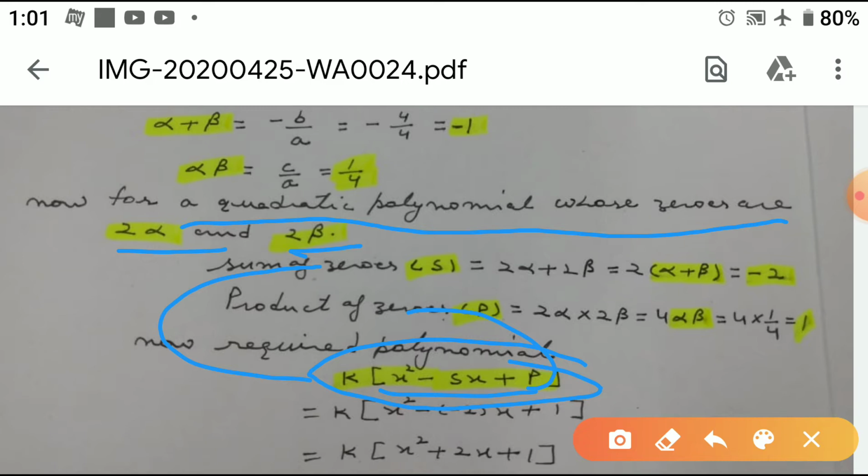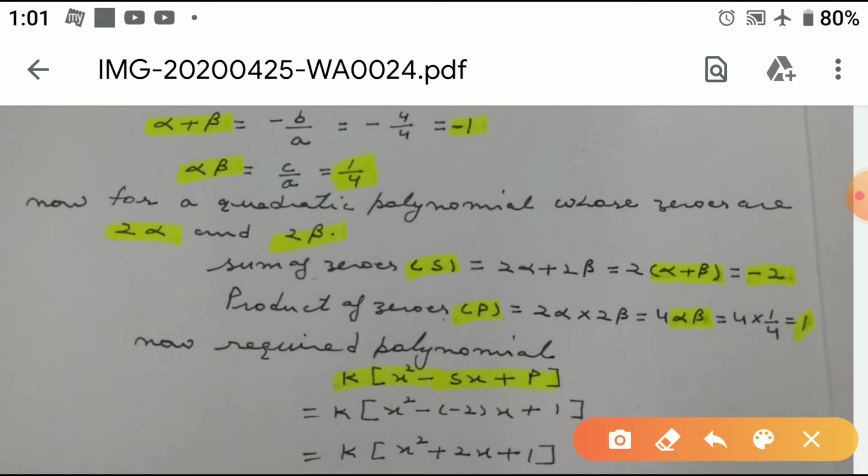Now we have to make a quadratic polynomial whose zeros are 2 alpha and 2 beta. So initially get s, that is sum of zeros, that is 2 alpha plus 2 beta. You can take 2 common, 2 into alpha plus beta. Now the value of alpha plus beta is here minus 1. So put alpha plus beta as minus 1. So minus 1 when you multiply with 2 we get minus 2.